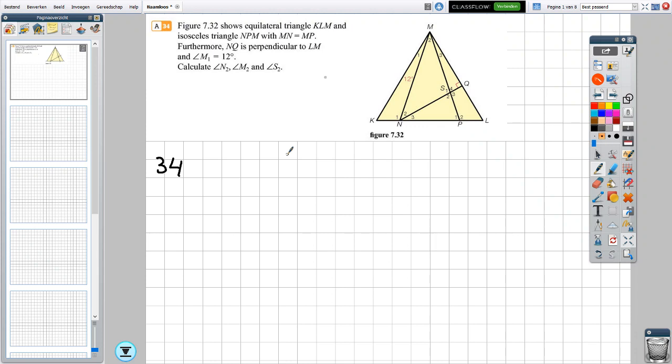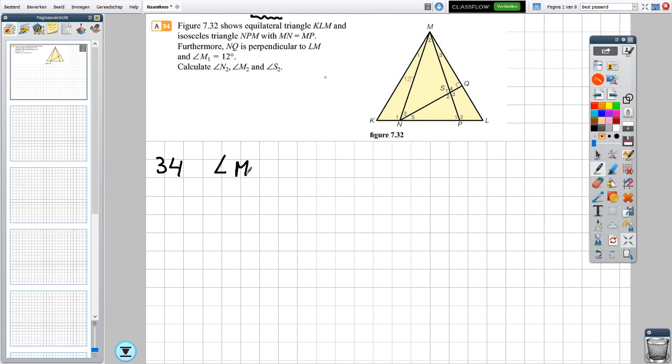Okay, let me give myself some time to think. I already see other ways to find that one as well. I think it's going to be rather important here to use this piece of knowledge: equilateral.